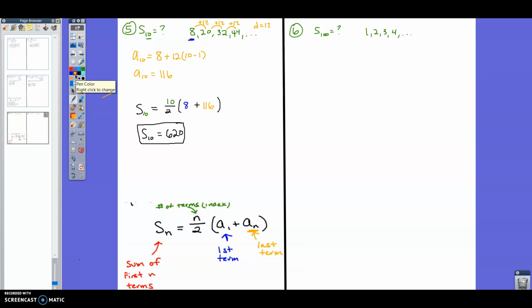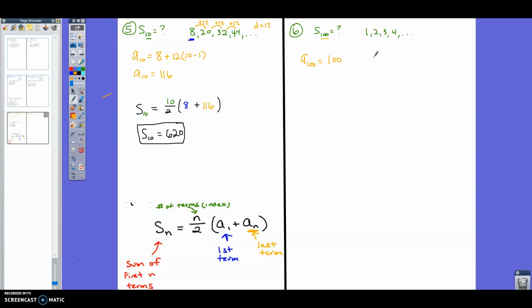Okay, so this one's going to be worked just like number 5. This time, though, we're being asked to find the sum of the first 100 terms. So we do need to find out what the 100th term of this one would be. This one's kind of easy because you can see that first term is 1, second term is 2, third term is 3, fourth term is 4. So our 100th term in this case would be 100.